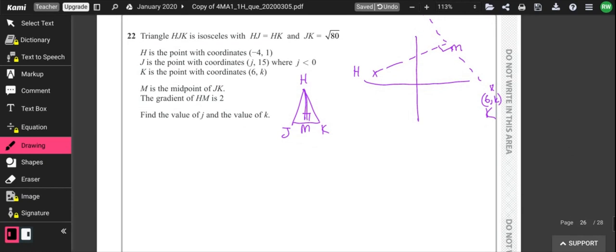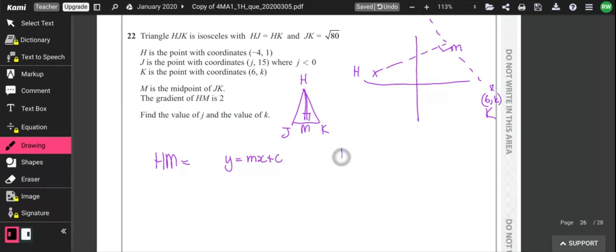If we have a look at HM, it has a gradient of 2, then we can try to work out where that is in space, because it has a gradient of 2. So let's say it's y equals mx plus c.